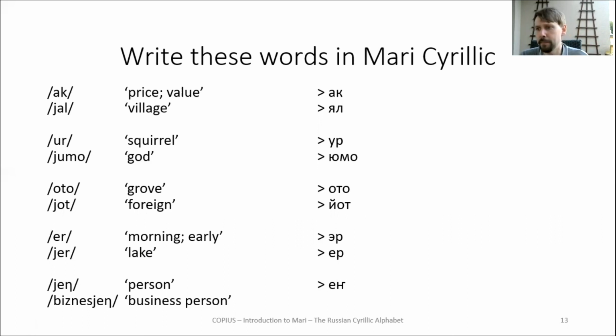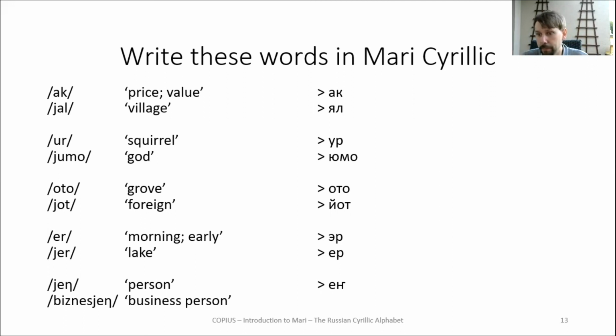It's a semi-loan translation, a half-loan translation of the Russian word for business person, which is, well, the male form is biznesmen, businessman, and the female counterpart of this is biznesmenka. Mari has adapted this as a neologism, business yang, which is truly gender neutral because yang is just person. So the first element, the English word business, and then followed by the Mari word for person.